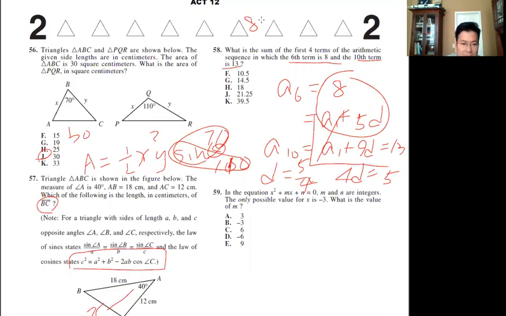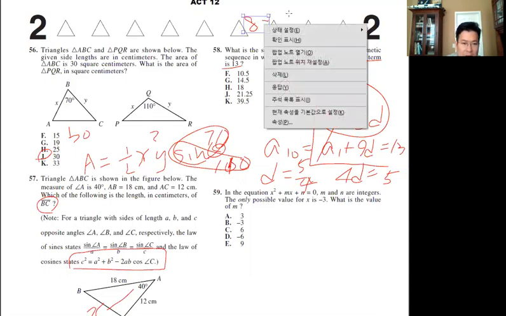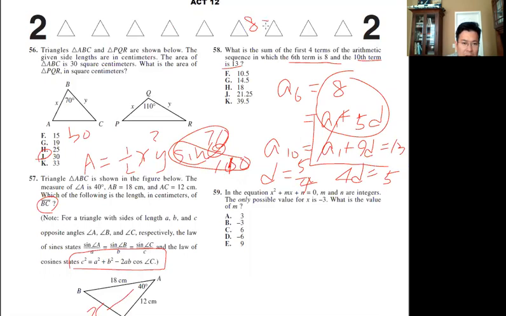So 8 equals A1 plus 25 over 4 equals 8. So then A1 becomes 7 over 4.